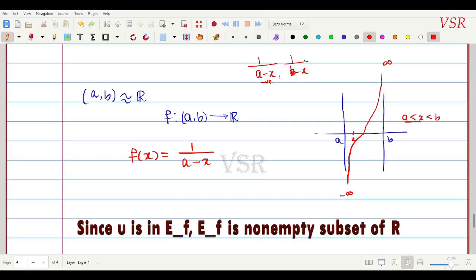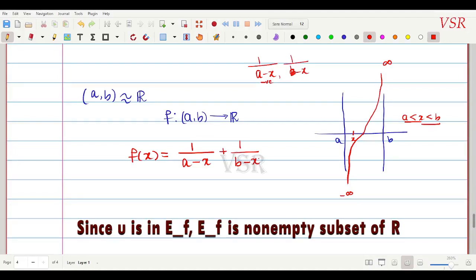Now at b, what we have is this. When x tends to b, b minus x is always positive, so I may write 1 divided by b minus x.